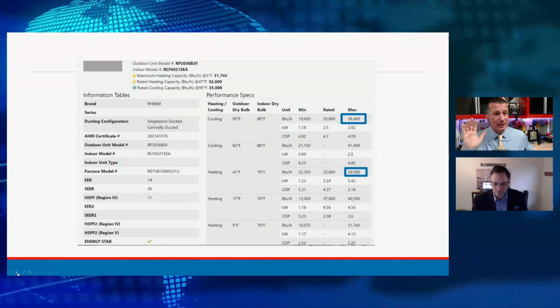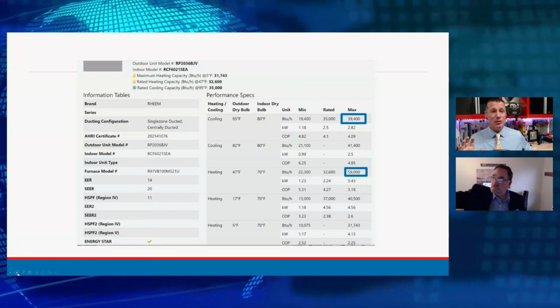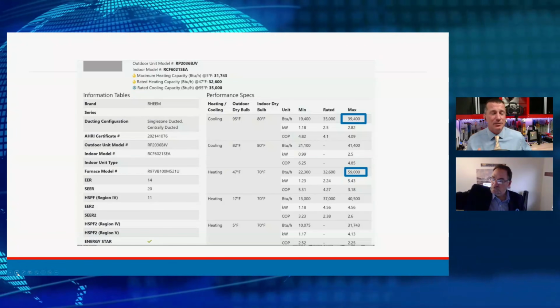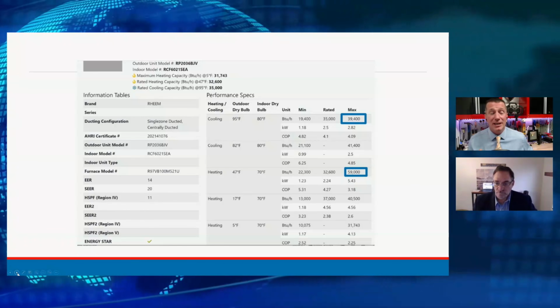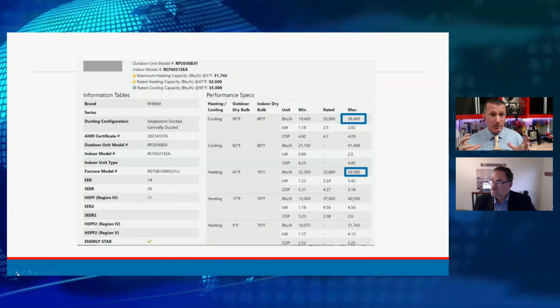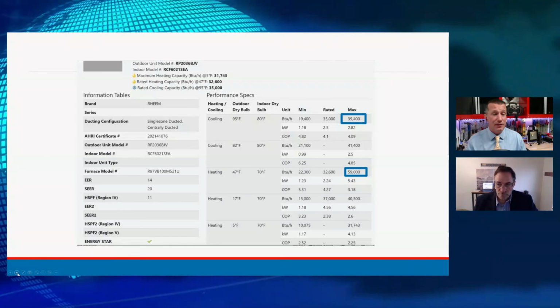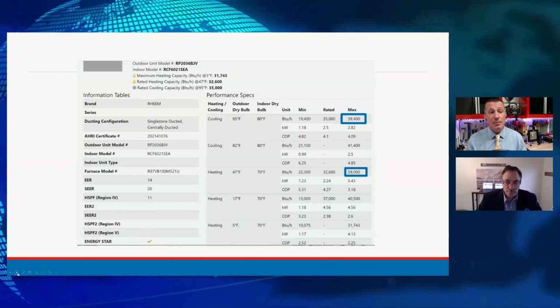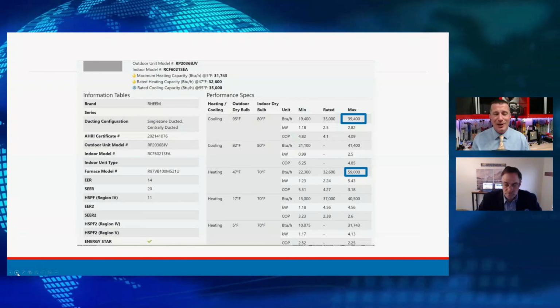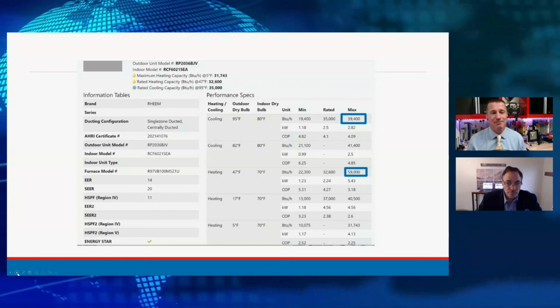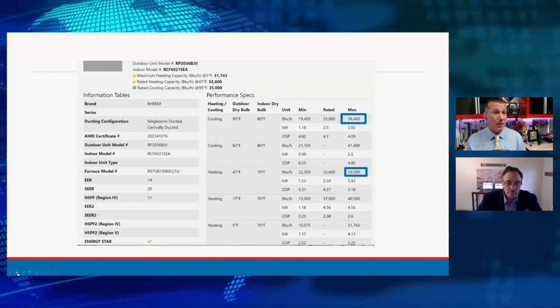So this would technically be, if it was running at 100% capacity in cooling, it could have been a 5-ton. But because we have designed it to be a 3-ton unit operating on the proper amount of CFM for a 3-ton air conditioner, that means in cooling mode, our compressor doesn't ramp all the way to 100%. It is limited by our airflow.